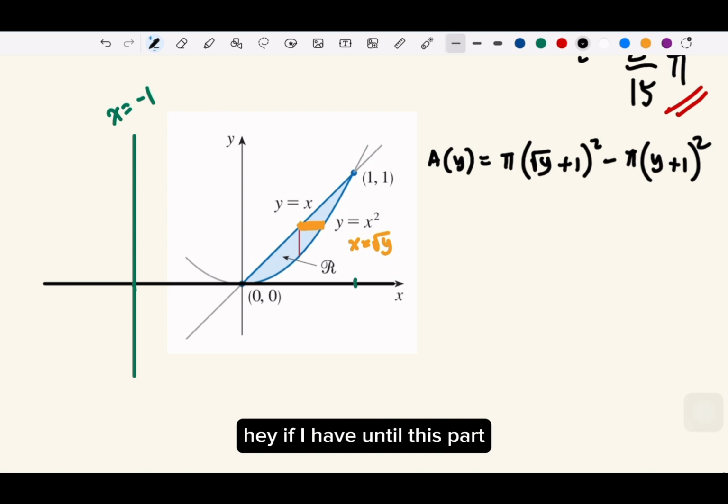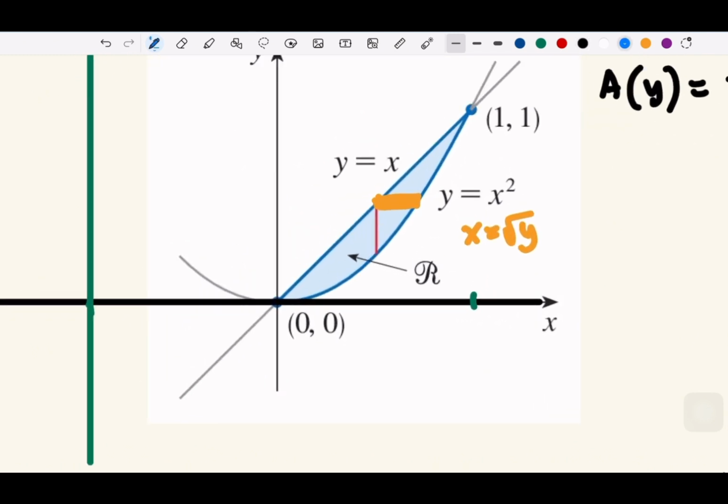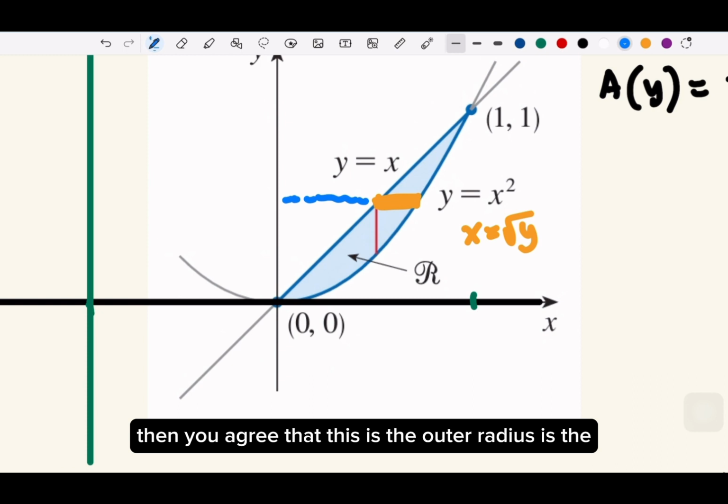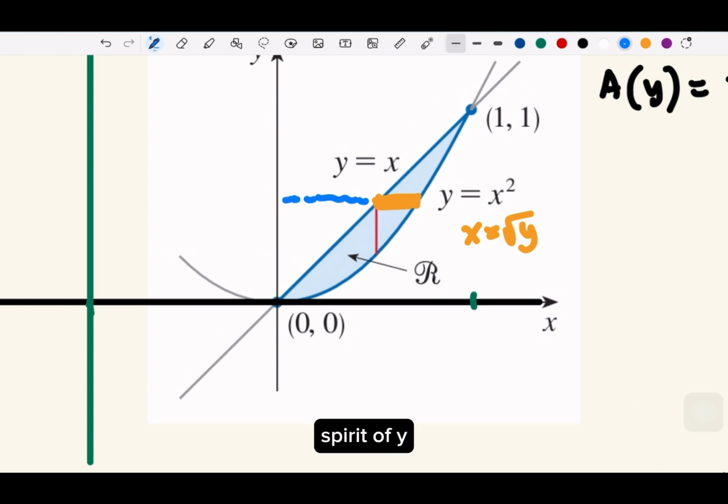Okay. If I have until this part, and this is the circle, then you agree that the outer radius is the square root of y, and the inner radius is y. Now we move the center.